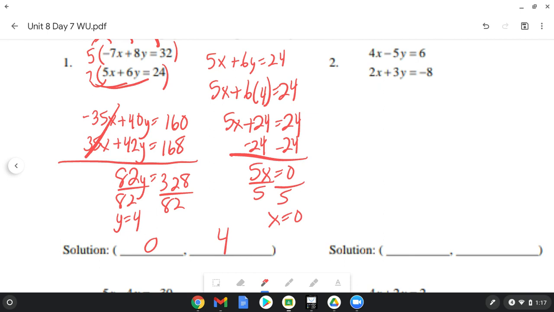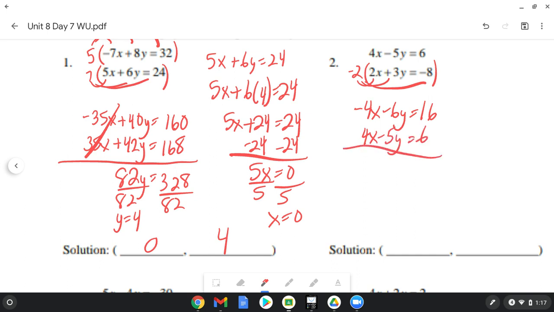Number 2, it looks like I just need to multiply the bottom by -2 in order to cancel out the x's. So if I multiply the bottom, it's kind of an ugly 2 here, by -2, I would get -4x minus 6y is equal to 16. So now the x's will cancel. I'm left with -11y is equal to 22. Divide by -11.